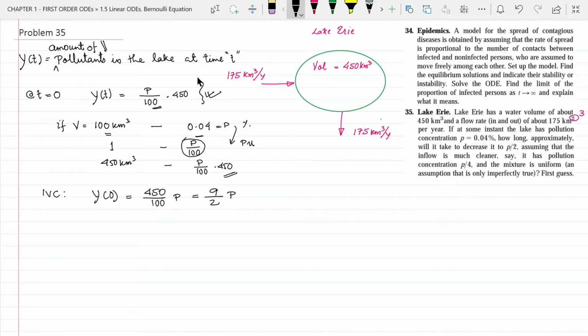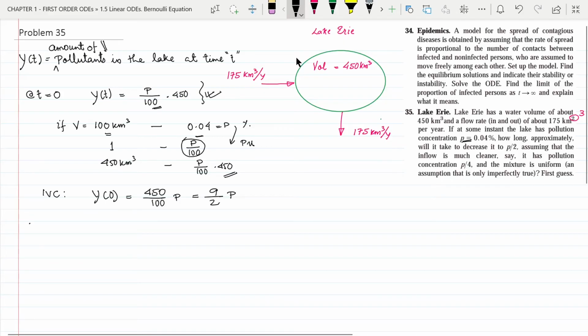That means the flow out has a pollution concentration same as that of the lake. Now it is important to remember that this P was the pollution concentration at the beginning of the period, whereas Y of t is the amount of pollutants in the lake at any time t.